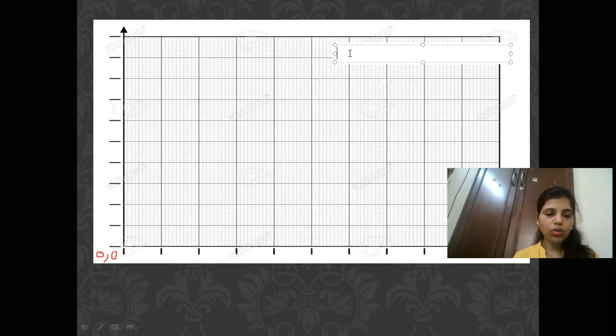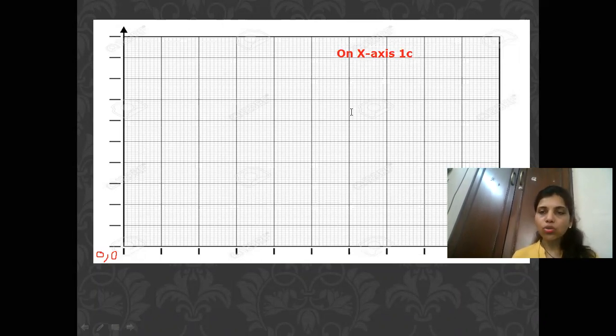Now in the scale, you write down on the x-axis. The x-axis is going to represent time. So first you are going to write for the x-axis. Now 1 centimeter means one box. Here you can see I have two boxes over here, so I'm writing 2 centimeter.